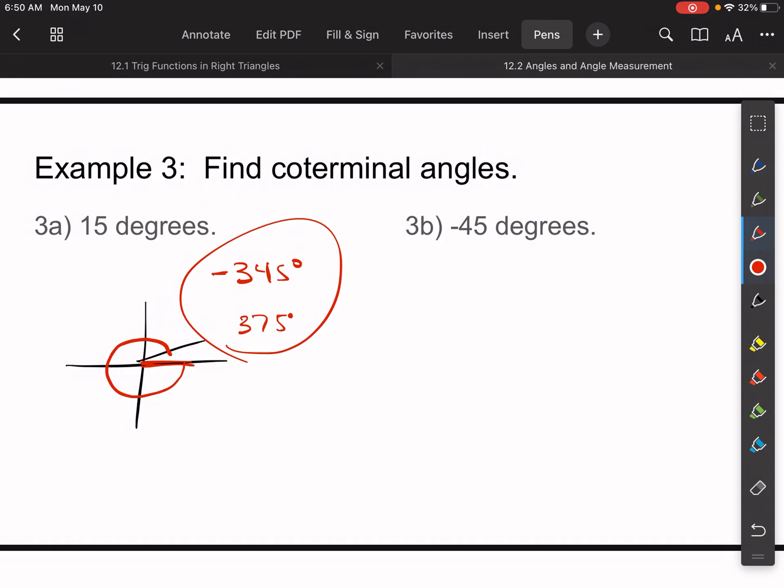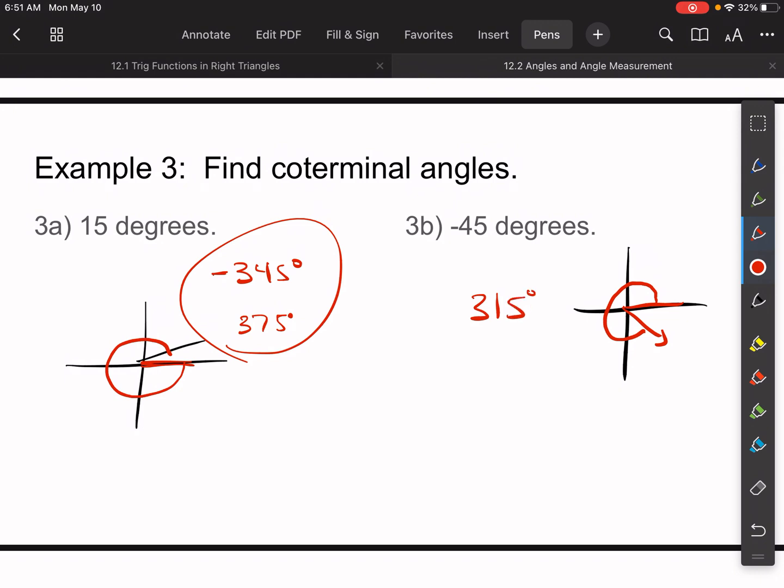And then for 3b, we have negative 45 degrees. So let's just think about that again. Negative 45 degrees is this guy. I could say that would be the same thing as positive 315 degrees.